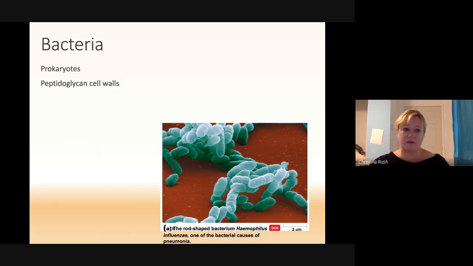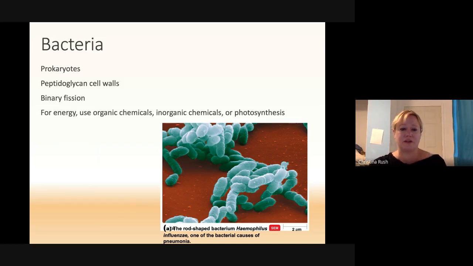Gram-positive has far more of this peptidoglycan, whereas the gram-negative has a lipid bilayer with the peptidoglycan, and so it's more slippery, I'd say. But they both do contain peptidoglycan. Bacteria divide by binary fission, which is one of the reasons they can divide and multiply so quickly. That's where one cell simply splits into two identical cells. For energy, bacteria can use organic chemicals, inorganic chemicals, or photosynthesis. So it completely depends on the type of bacteria that you're talking about.